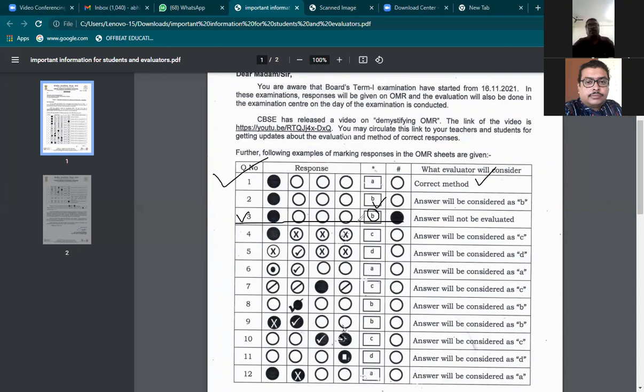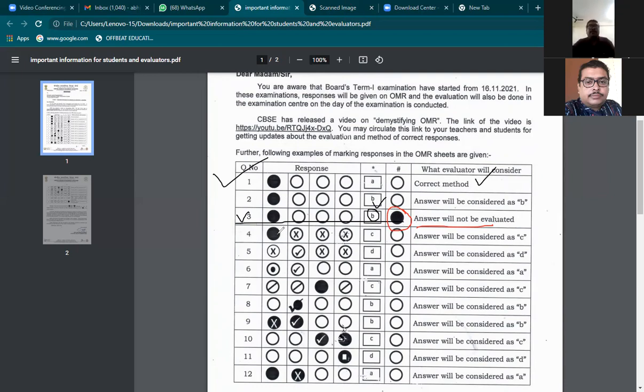Whenever you darken this circle, that means it is unattempted. The answer will not be evaluated. This circle is only used for unattempted questions. Make no mistake about that.